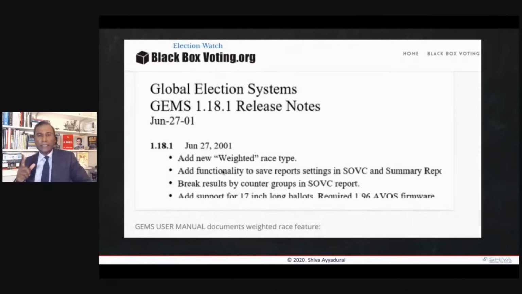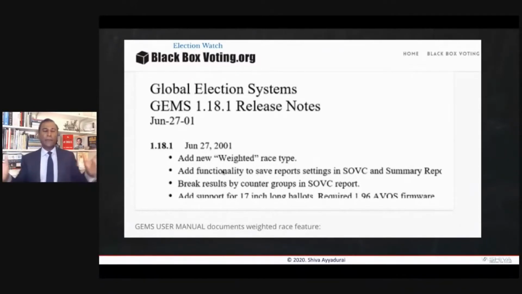So one of the things that was added as a feature was a weighted race. For example, the person who had 2,000 square feet of space versus the person who had 1,000 could weight their vote. So if Billy Bob had 2,000 square feet and Joan had 1,000 square feet, when Billy Bob voted yay, he would get 2 votes to his yay, and Joan, if she voted no, would only get 1 vote.